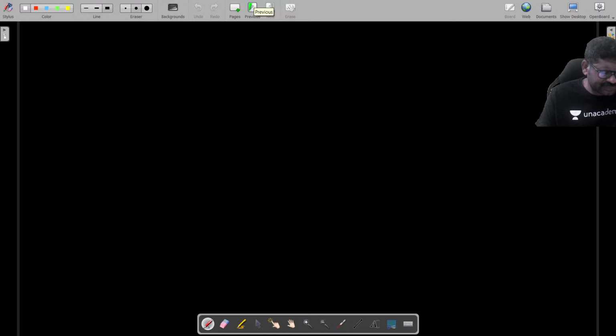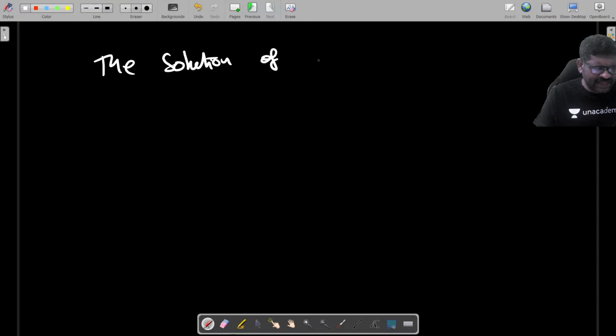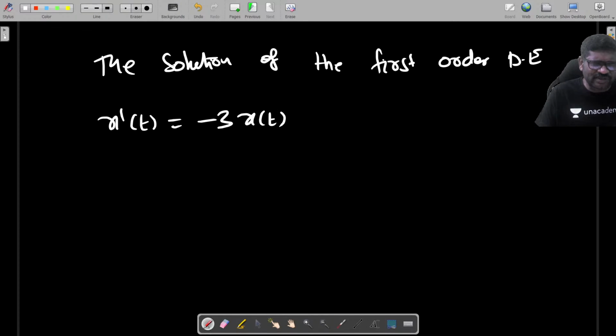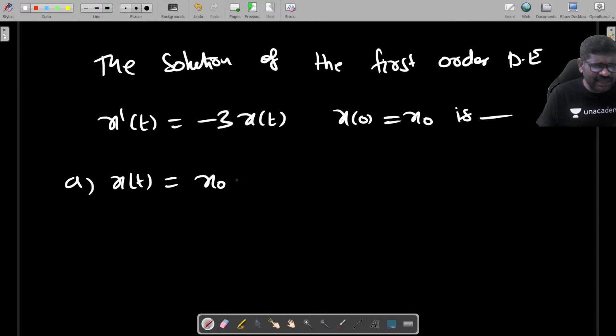Next problem. The solution of the first order differential equation x dash of t equal to minus 3 into x of t, with x of 0 equal to x naught, is: first option, x of t is x naught into e power minus 3t.